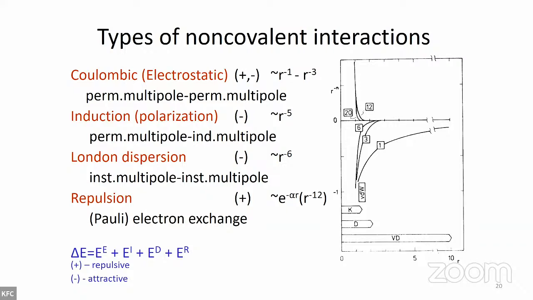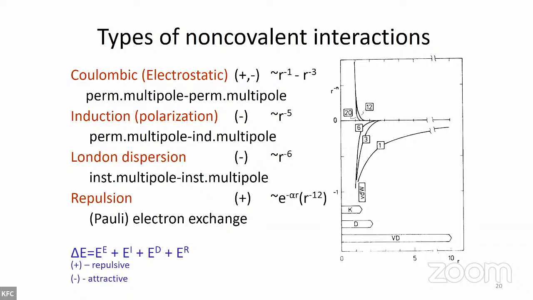That's all. And then there is London dispersion. London dispersion is coming from the fact that we have two neutral molecules, and those two neutral molecules have electrons which are interacting with each other. Each electron is attracted to the nuclei on both sides, but it's repulsed by the electrons on the other atom.